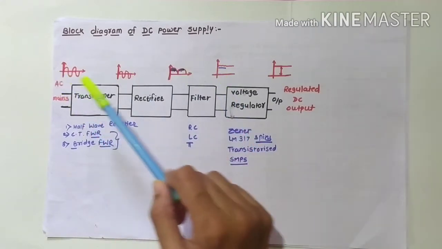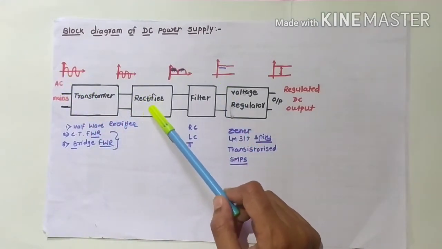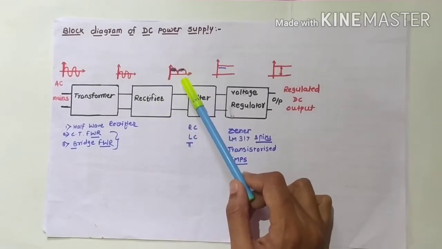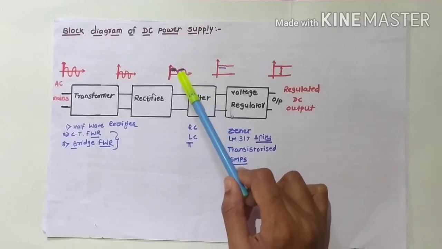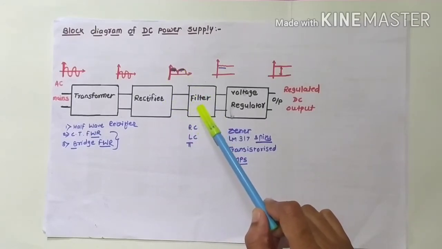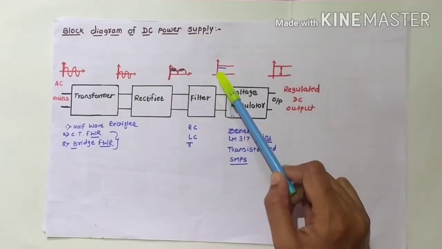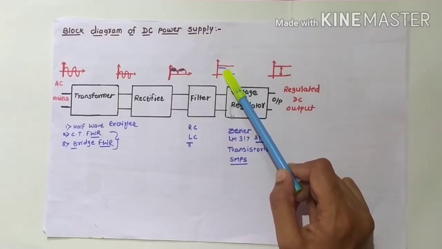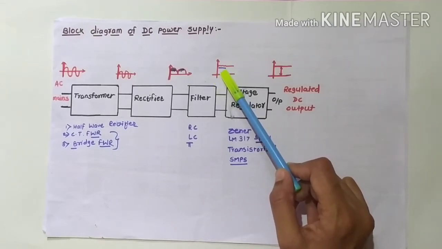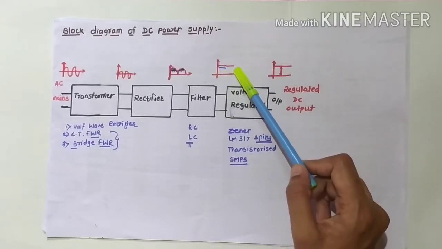This is the AC input, this is the rectifier input, that is the step down input, while the output of the rectifier is DC, but this is not pure DC. It contains a ripple factor and it can be filtered with the help of a filter circuit. But still this output of the filter is fluctuating.